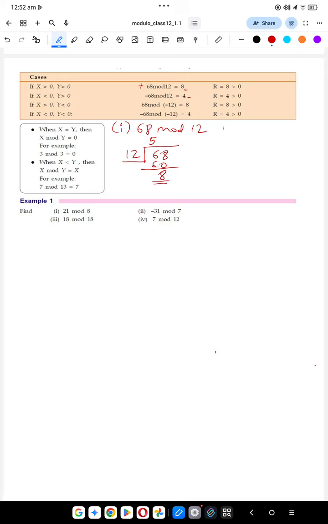But what about the second case, where we have minus 68 mod 12? How to solve this? The trick is this: whenever the dividend has a positive sign, we think of a multiple of 12 which is less than 68, which was 60.